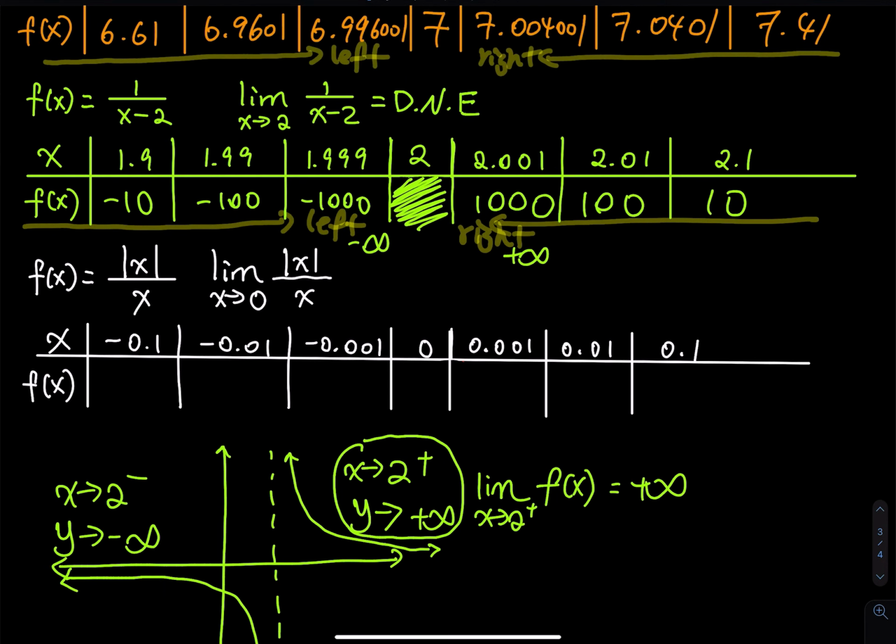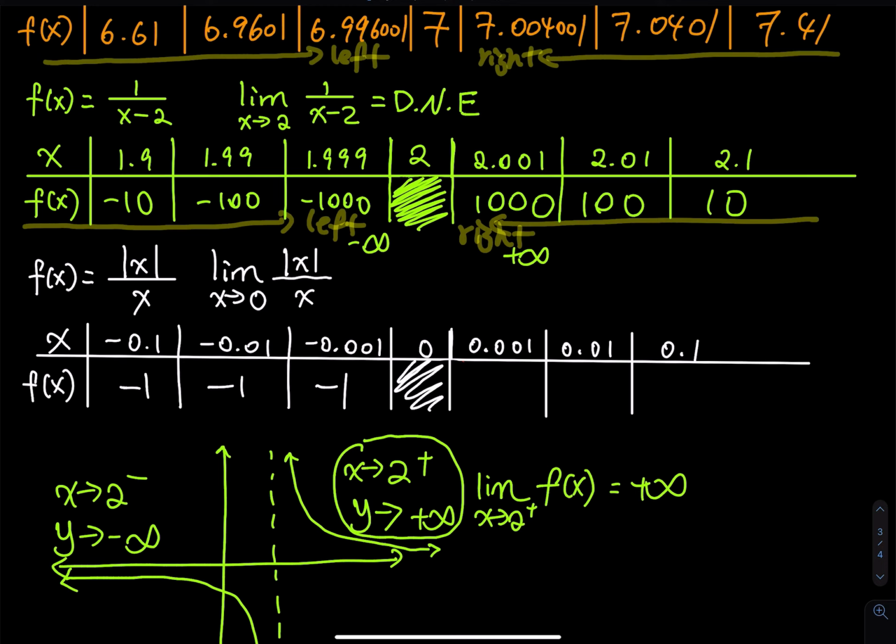Next, we have the absolute value of x divided by x. If you plug in a negative 0.1, you get a positive because of the absolute value. So for the negatives, you have a positive divided by a negative. So this will be all negative 1. When x is equal to 0, you have 0 divided by 0, which is undefined.